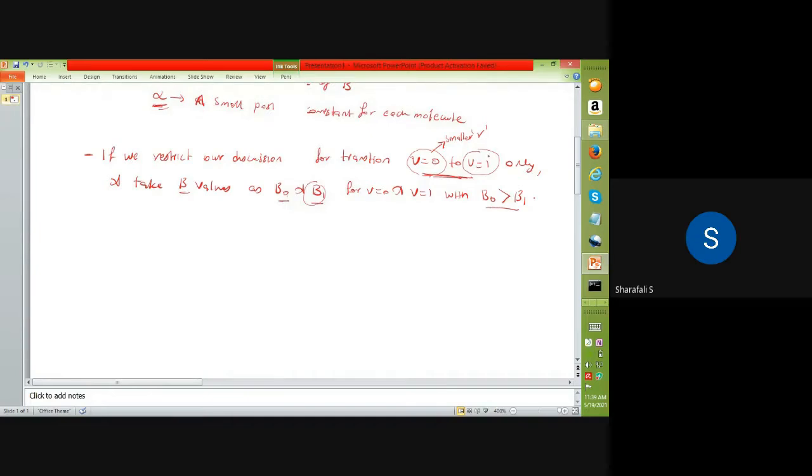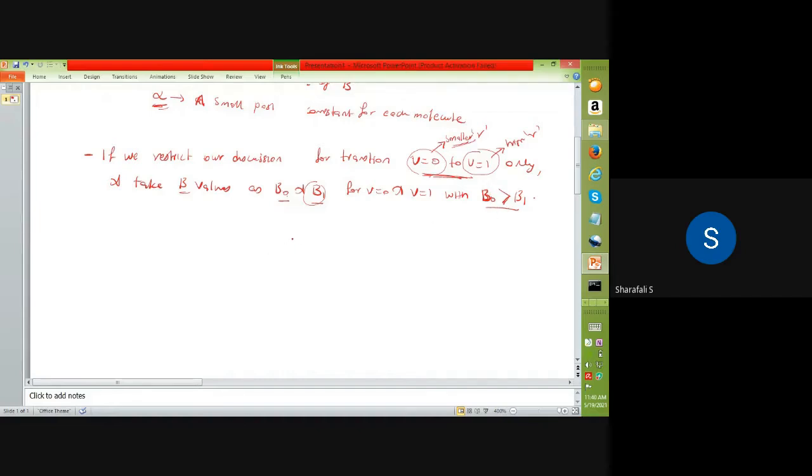But when your R is larger, your B will be smaller, because B is inversely proportional to R. So v equal to 0 will have a smaller R value, and B0 will be larger than B1 because B is inversely proportional to R. When you have a smaller R value, the corresponding B will be larger.